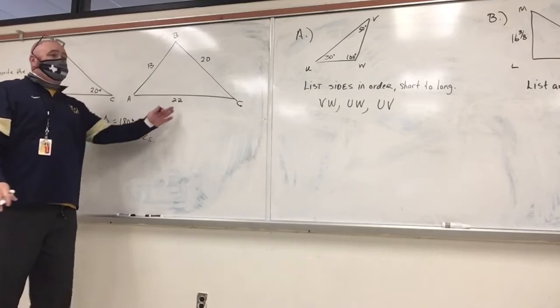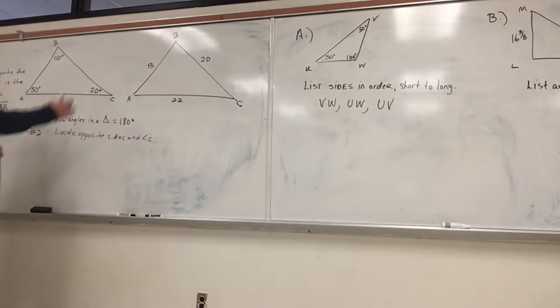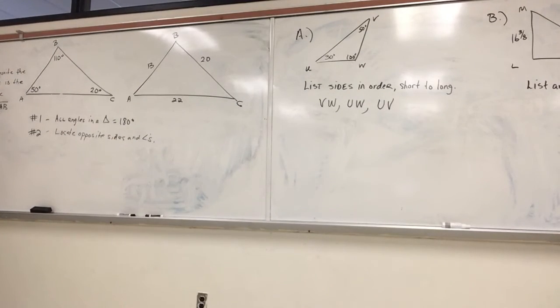Now let's look at this triangle. This has got the side measurements. The rule here is this. What do y'all think it is? It's going to be the converse of this. Everywhere it says side, we're going to put angle.